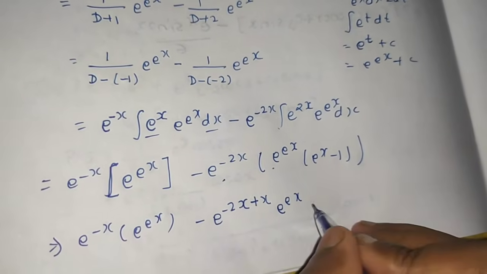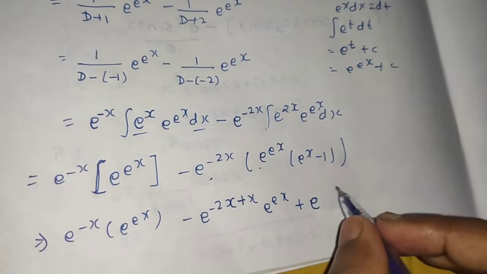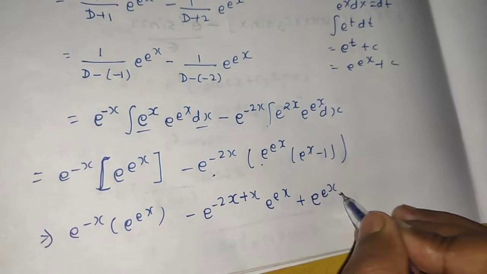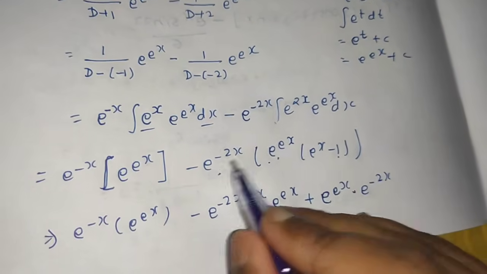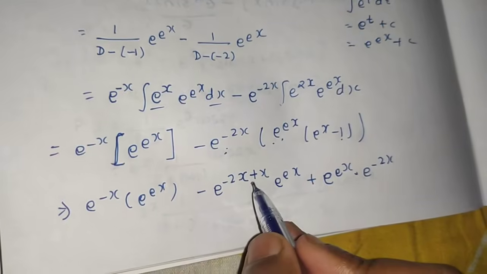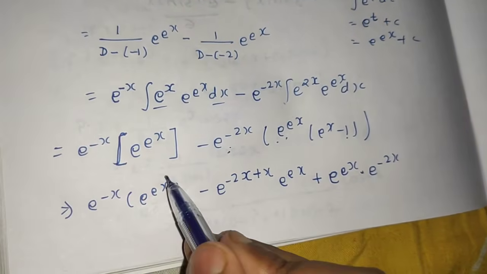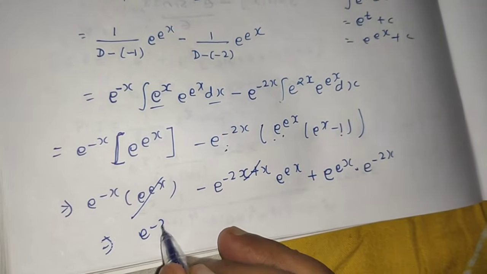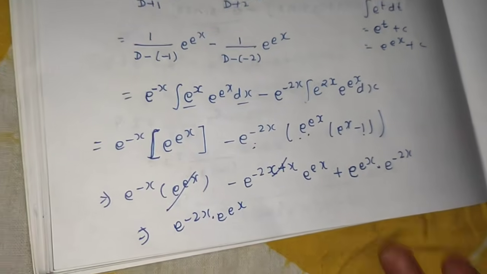Here, minus minus plus e power x into e power minus 2x, minus 1 into this. So this gets cancelled, and you are finally left with e power minus 2x into e power x. This is your particular integral.